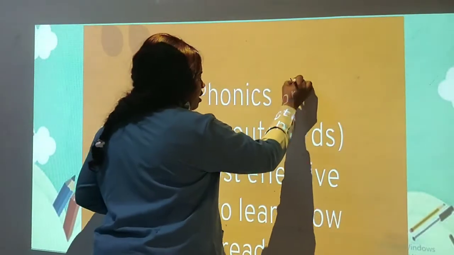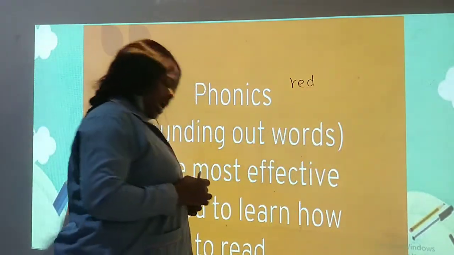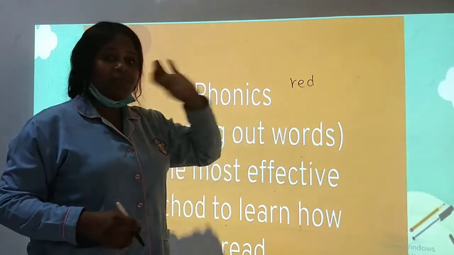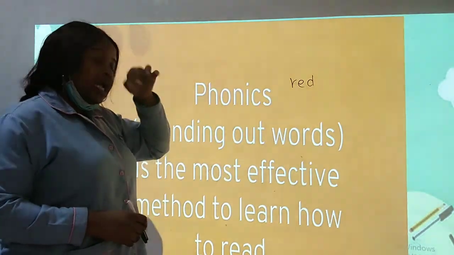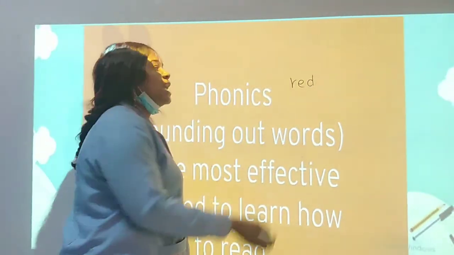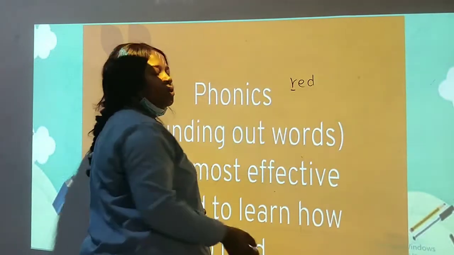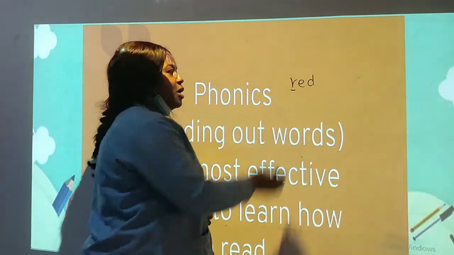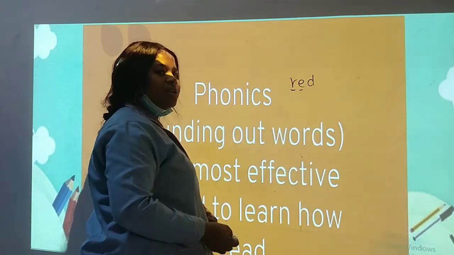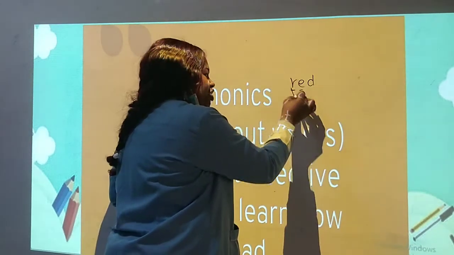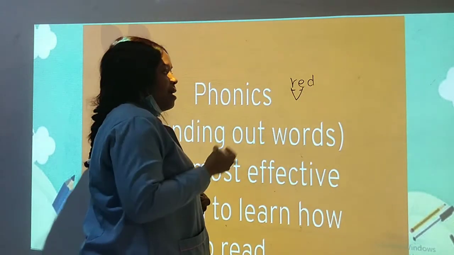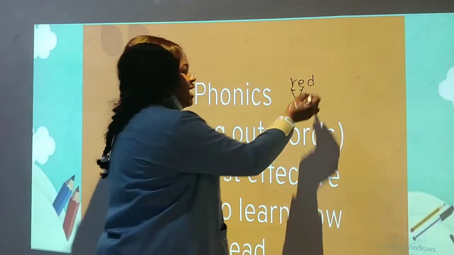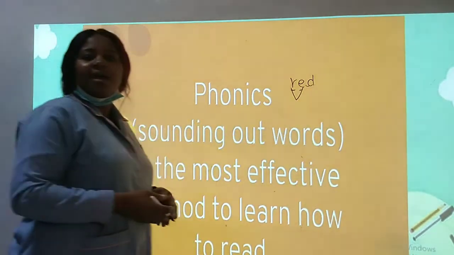Like you have the word here, red. You want to read this, but you're finding it difficult. The best way to read it is to start with the sound. You sound this letter, you go on with this one, you sound it again. Then you merge them together, you bring them together, and you add this. Red.